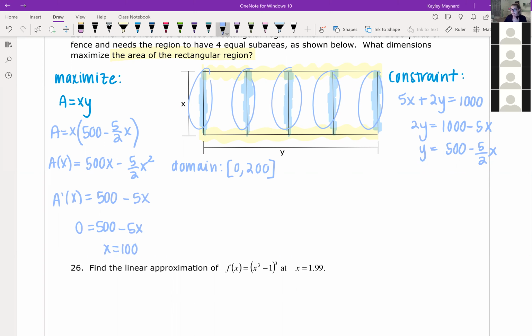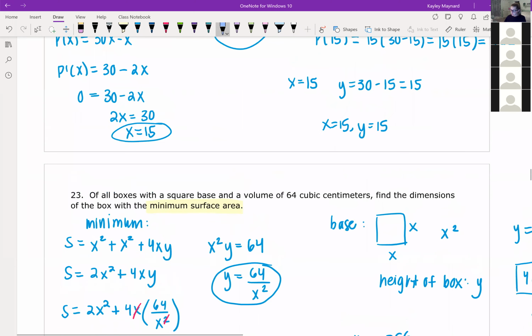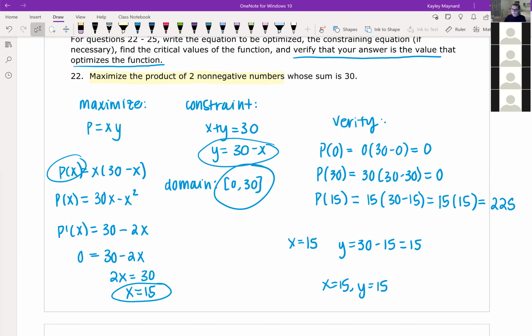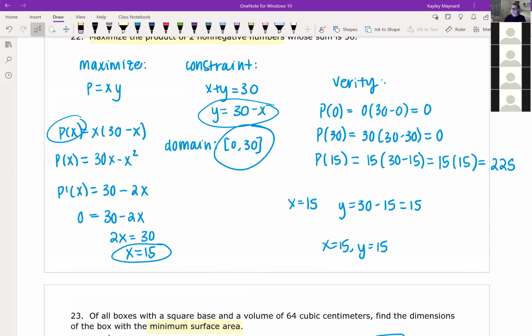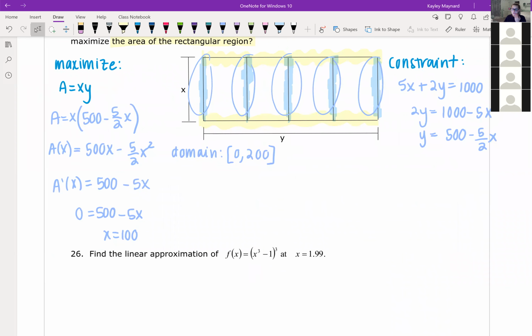All right, you probably noticed this is extremely similar to question 22, because you're dealing with a closed interval. The verification process is the same. To verify that this is where the area is maximized, we're going to do exactly what we did in problem 23.